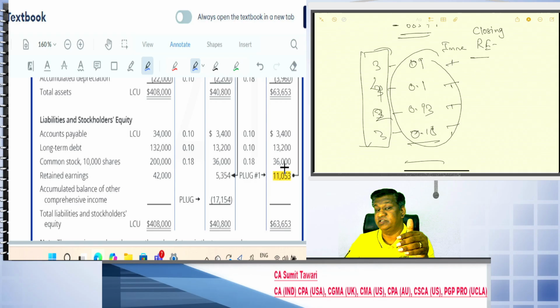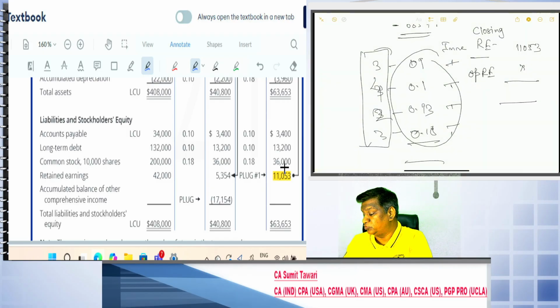This is the first year of the balance sheet, so you will not see one more calculation. My closing retained earning is 11053 here, which is the difference in the balance sheet. And opening retained earning is, say, X amount. So how much amount am I supposed to get from the P&L or income statement? 11053 minus X. As this is the first year, the opening amount is 0, so again 11053, the same amount I am supposed to get from the P&L.